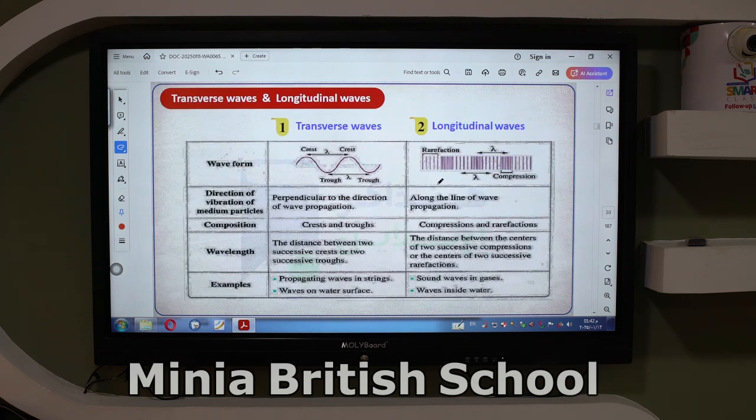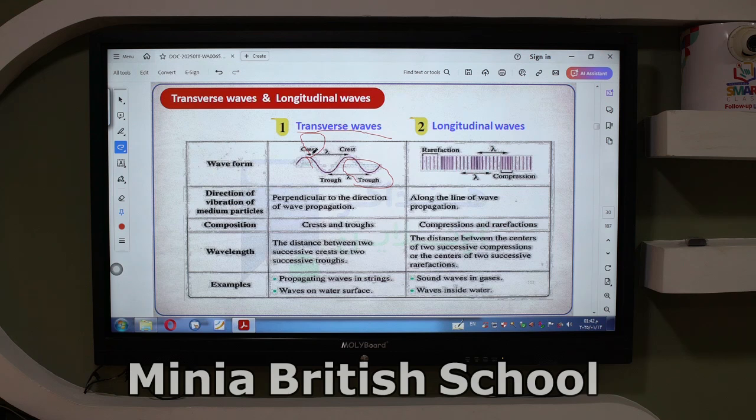Let's take the first type: transverse waves. What is the form of a transverse wave? This wave consists of a crest and a trough. The direction of vibration must be perpendicular to the direction of wave propagation.